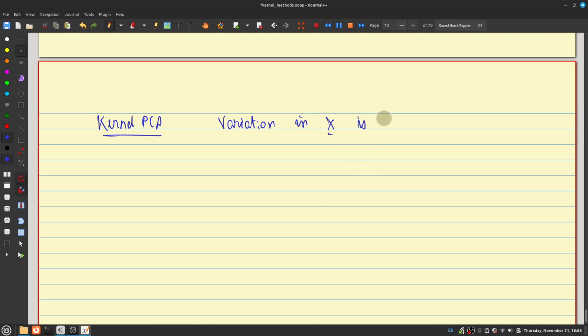X is maybe in some k-dimensional manifold.